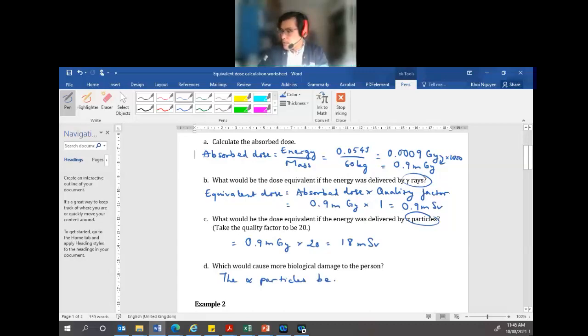Okay. And you can say that because the person would receive, if I can spell correctly, receive a dose of 18 millisievert in comparison to just 0.9 millisievert with gamma.